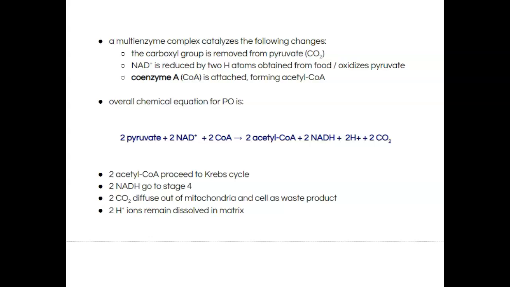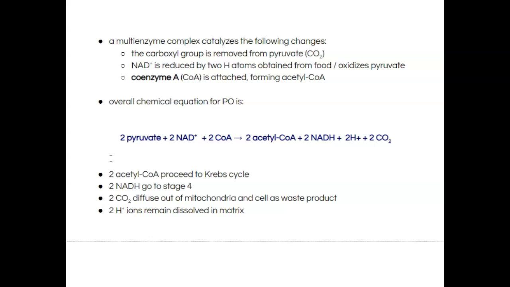All right, so now we're at the point where I want to talk about the overall chemical equation for pyruvate oxidation. So you'll remember that we started off with 2 pyruvate, and the diagram above really only talks about what's happening to 1 pyruvate, but we need to remember that we want to discuss everything per 1 glucose molecule.